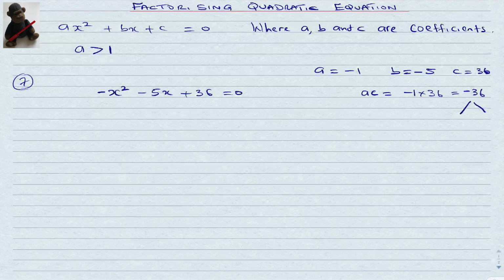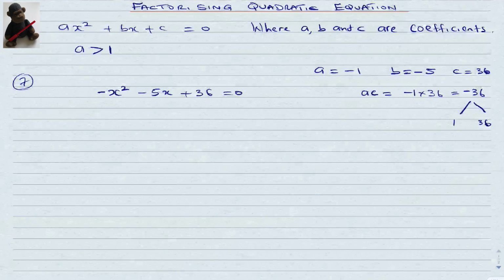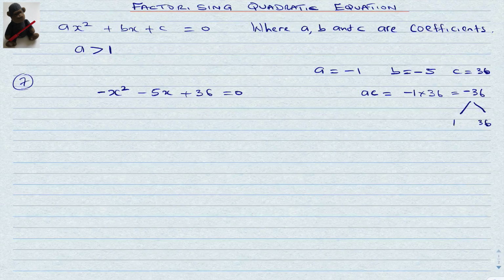So we need two numbers we can multiply together to get minus 36 and add together to get minus 5. 1 and 36 will not do it because 1 plus 36 is 37 and 1 minus 36 is minus 35, so it's not going to work. 36 minus 1 is 35.